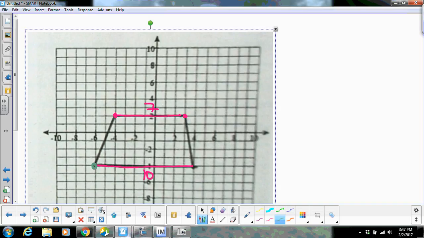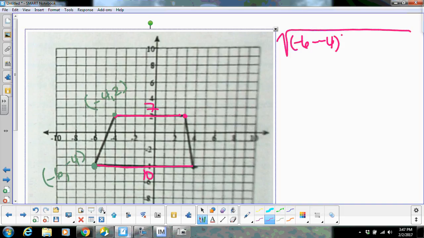Okay, and that's between this point here, which is negative 6, negative 4, and this point up here, which is going to be negative 4, 2. So I need to do the distance formula there. x minus x squared plus y minus y squared.